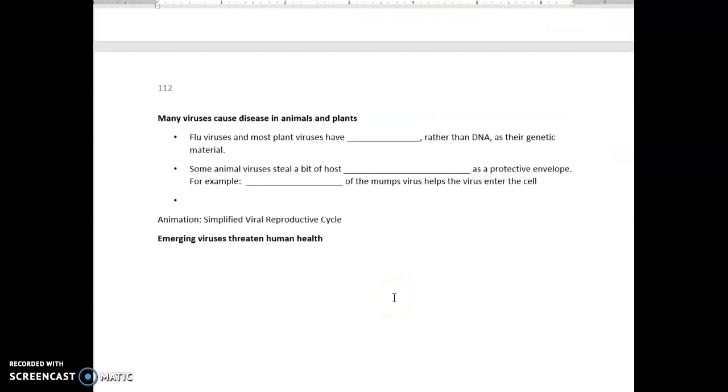Many viruses cause diseases in plants and animals. Flu viruses and most plant viruses have RNA instead of DNA as their genetic material. And some animal viruses will steal a little bit of the cell membrane as they leave.